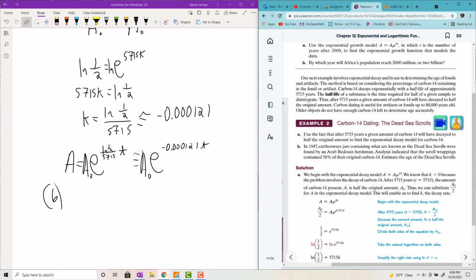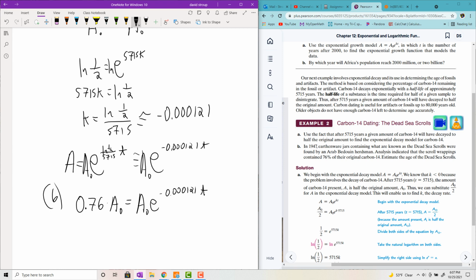Analysis indicated that the scroll wrappings contain 76% of the original carbon-14. Whenever you see the word of, that means to multiply. So 76% of the original amount is 0.76 times a sub 0. And on the other side, we put a sub 0 e to the negative 0.000121t and solve for t.